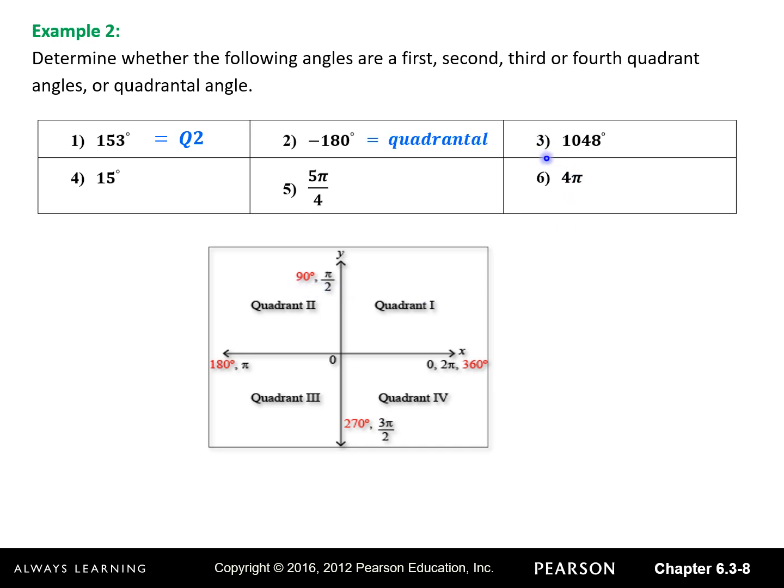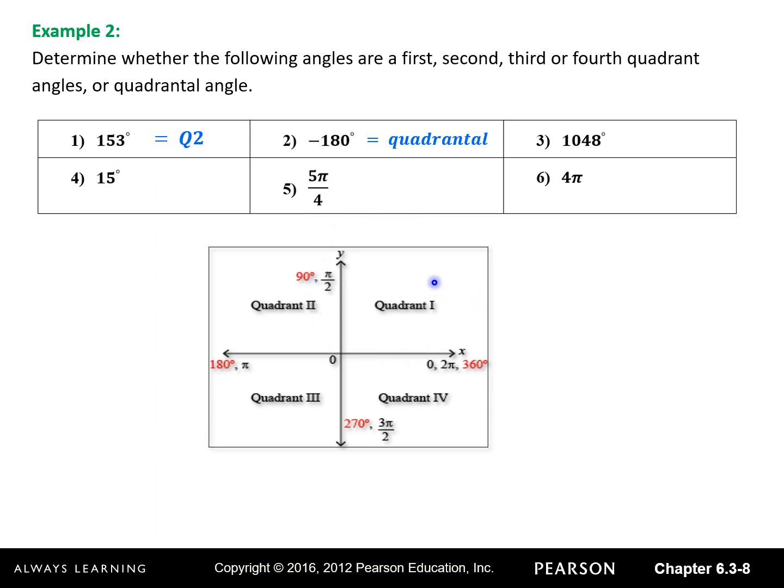Then for number 3, it's 1048 degrees. As we know, one revolution or one rotation is equivalent to 360. So 2 revolutions is equivalent to 720 degrees, and 3 revolutions is equivalent to 1080 degrees.